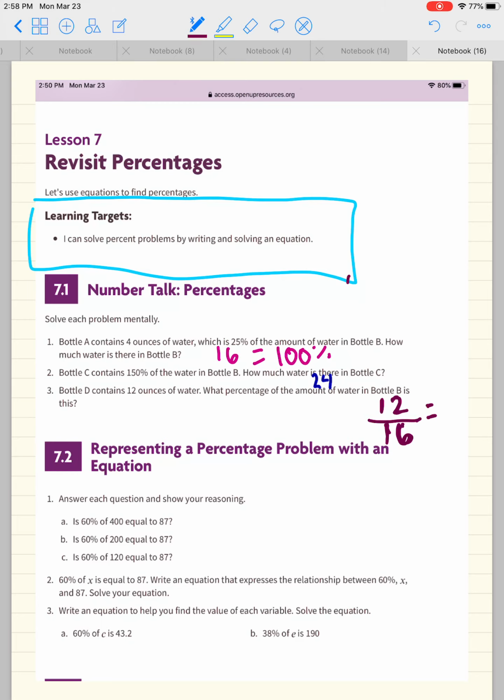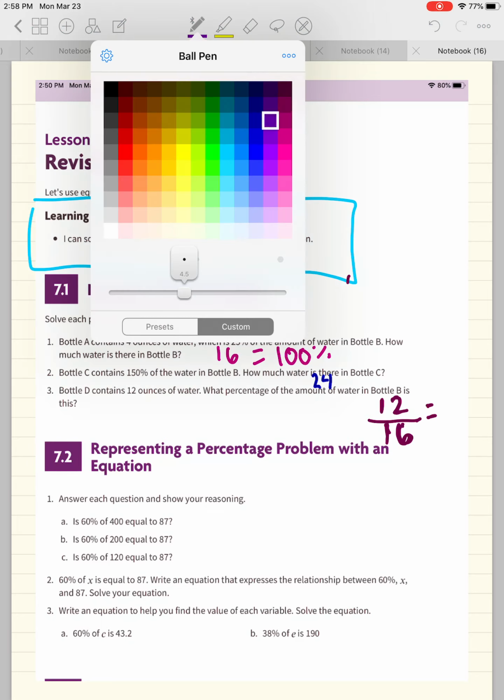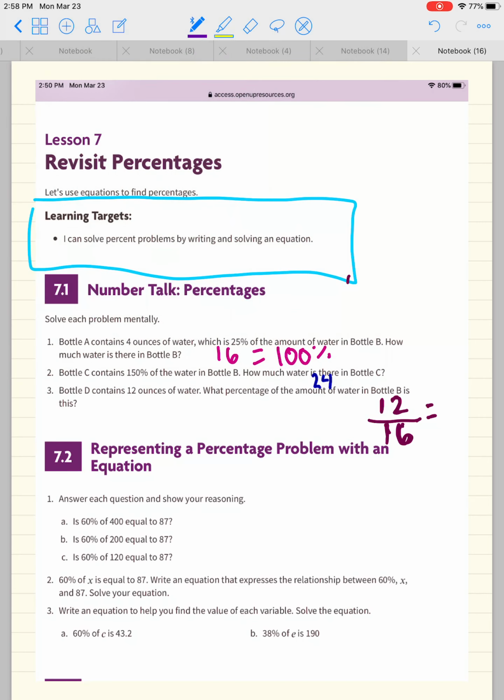I know that a common factor of 12 and 16 is 2. So I'm going to go ahead and divide both sides by 2. And I'm going to get 6 over 8. Now, I know that I can go even smaller than that because 6 and 8 can also be divided by 2.